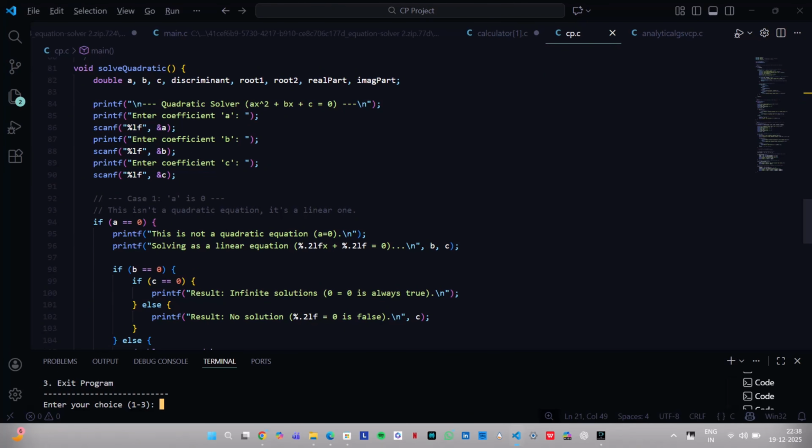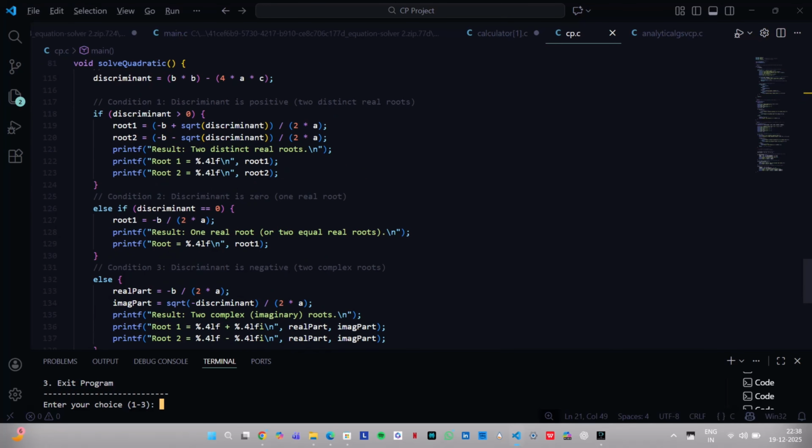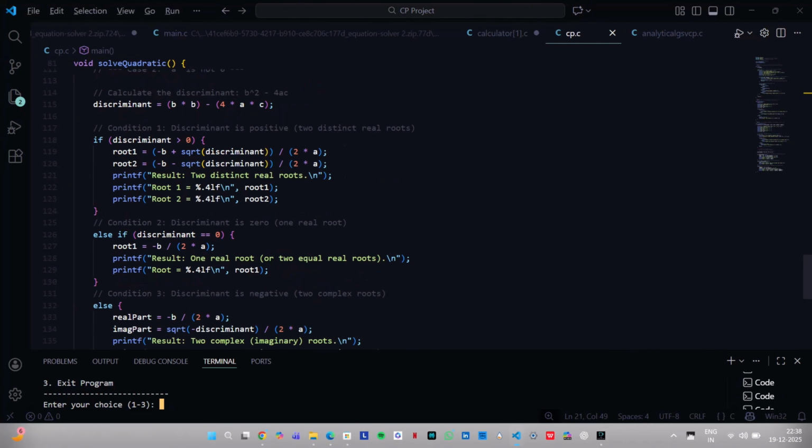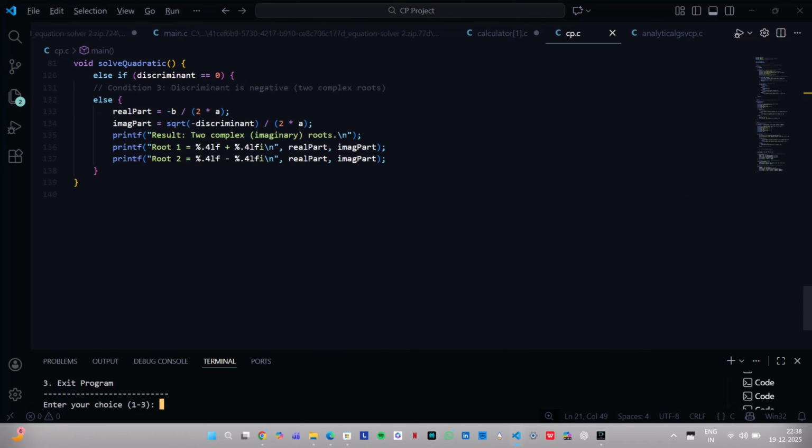This is the code for the linear equation, and this is the code for the quadratic equation. You can see clearly that we compute root 1 as minus b plus square root of discriminant, and root 2 similarly. So this is our program. Thank you, sir.